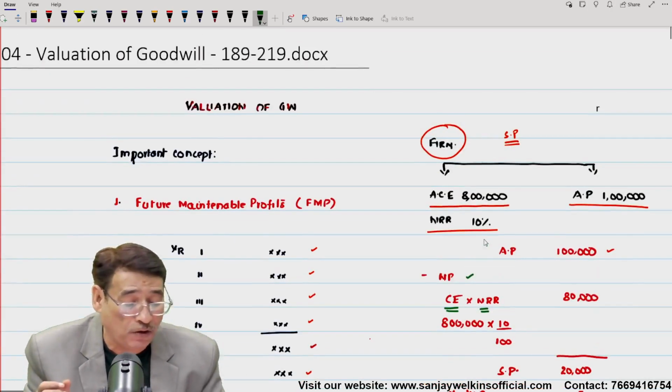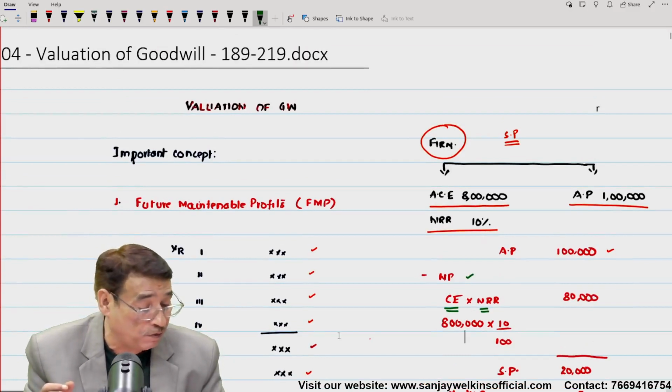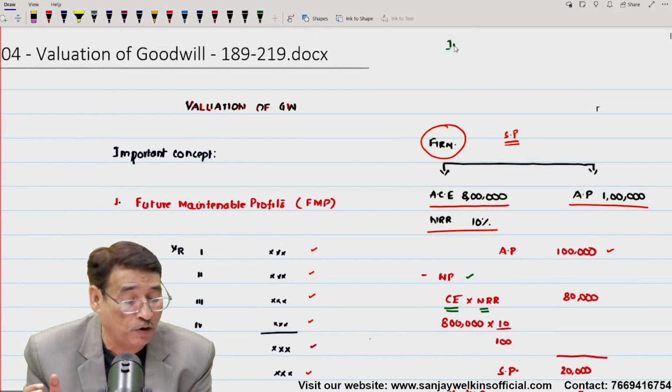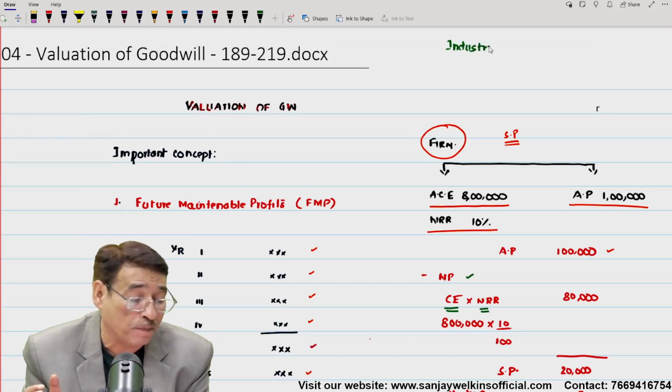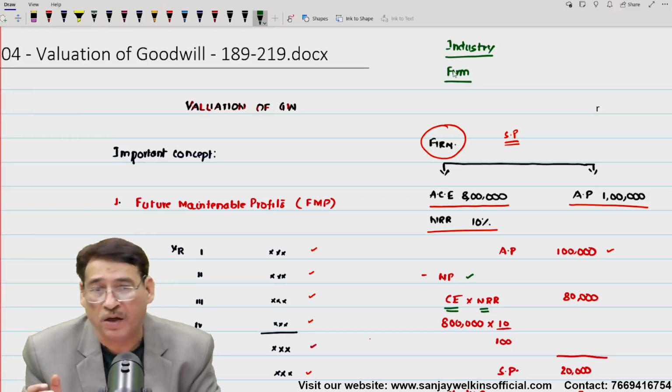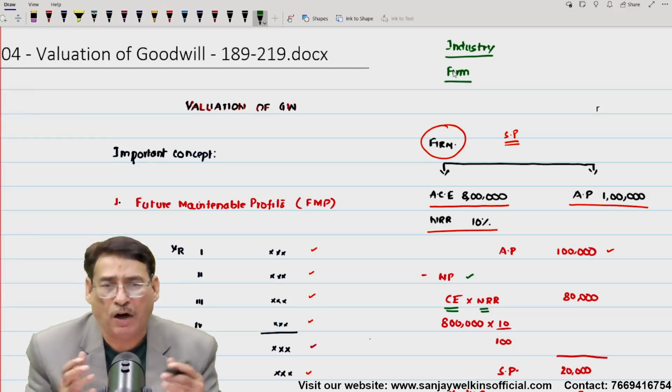Do you know the meaning of normal rate of return? Yes, sir, we know. First of all, you must have heard this particular word, industry. What is an industry? Let us say this firm, obviously, you know, industry is a bigger word than firm, correct? How?